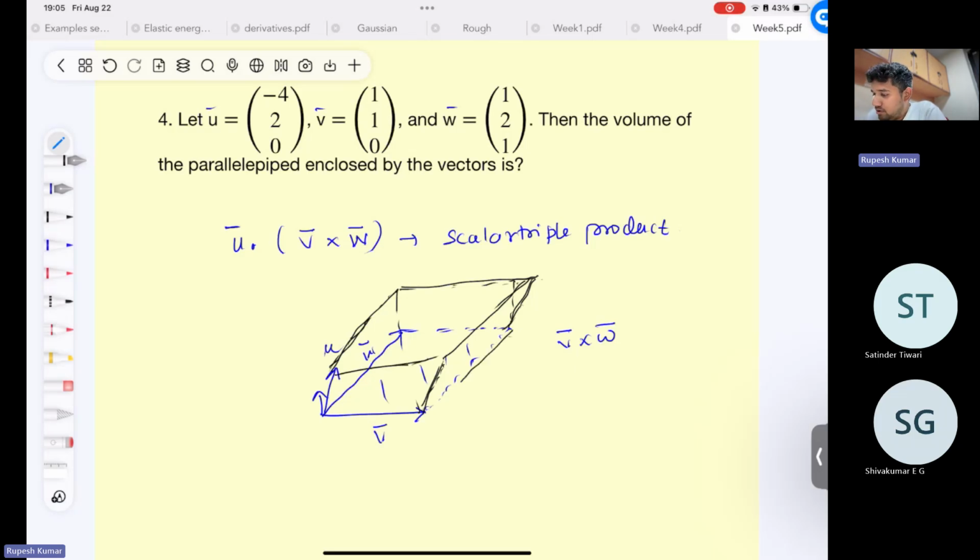And again, you know what is the formula for the volume of this parallelepiped, right? So what is the area multiplied by the height, right? So area in the direction of this vector, so this is essentially u dot, right? You take this value and you will get to the answer. Is this clear? This was covered in the class, everyone.